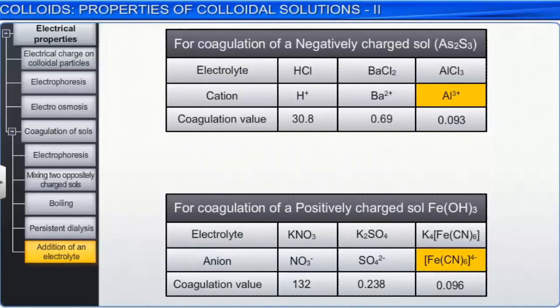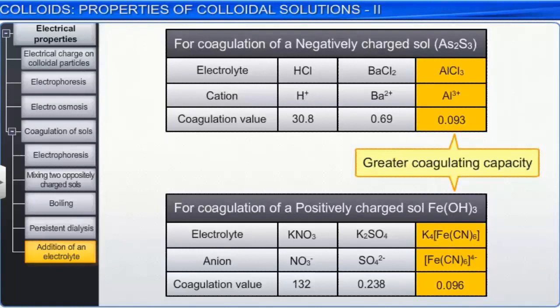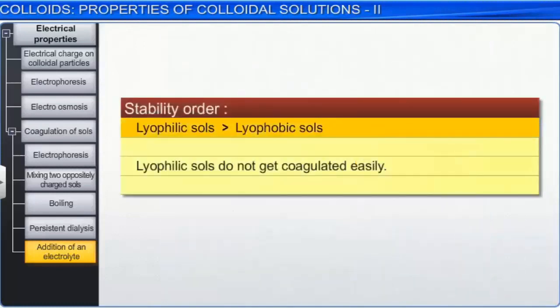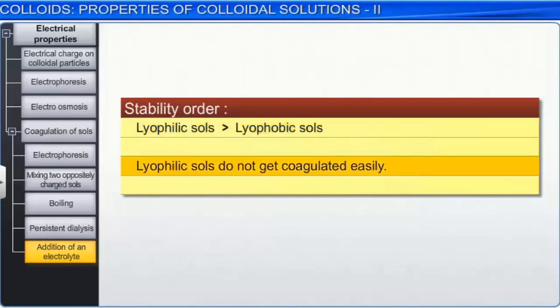Therefore, they exhibit greater coagulating capacity as compared to other ions in their category. Lyophilic sols, on the other hand, are much more stable than lyophobic sols and do not get coagulated easily under similar conditions.